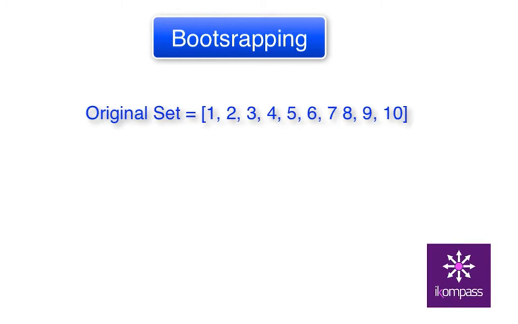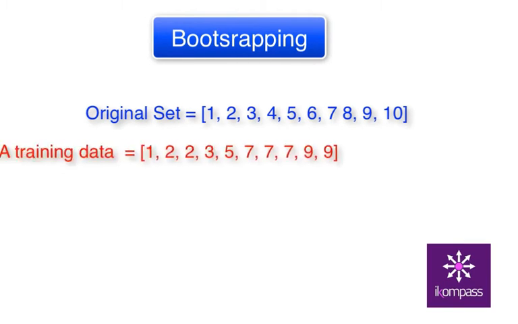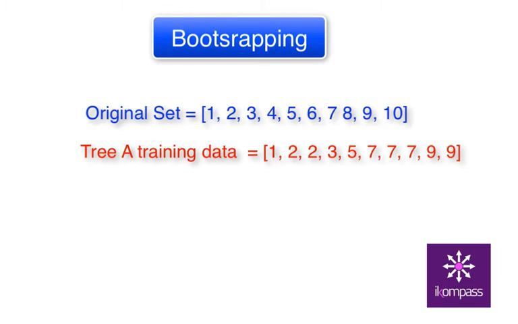The new tree will probably only have some of them. For instance, a tree might be 1, 2, 2, 3, 5, 7, 7, 9, 9. This was generated by picking 10 numbers out of the set 1 to 10 with replacement. That is, once a number was picked, it could be picked again.